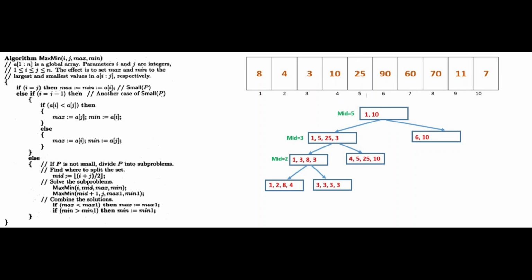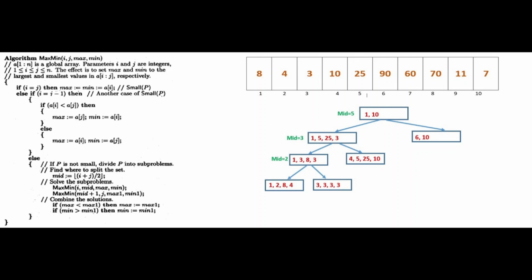Okay, 6, 10. i is equal to 6, j is equal to 10. A new function call, a new algorithm with the parameters i is equal to 6, j is equal to 10. Now the problem is not small. Our aim is to find the maximum and minimum value from A of 6 to 10.